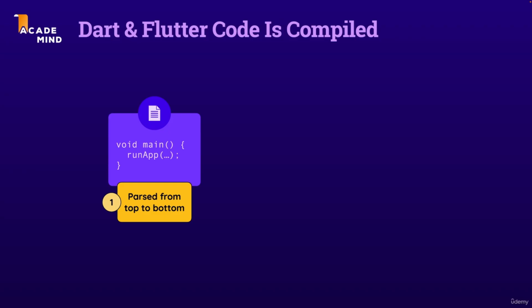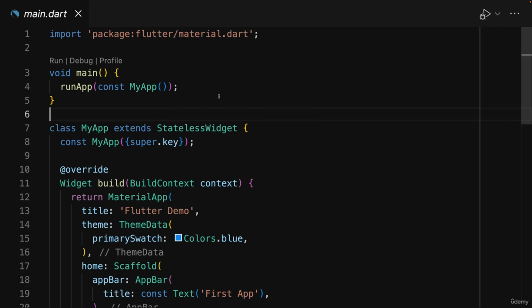That's the first step. Your code is parsed and analyzed by Dart, because keep in mind, Dart is the actual programming language. Now, after your code has been parsed, it must be translated to a language that is understood by the target platforms, because, as I just mentioned, this code can't be executed like this on Android or iOS or other target platforms.